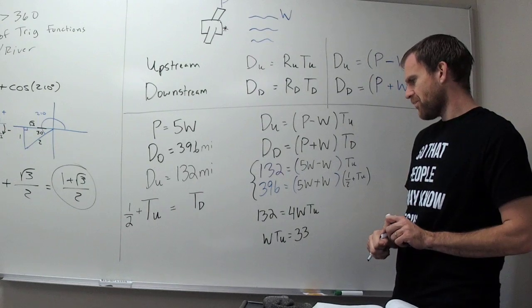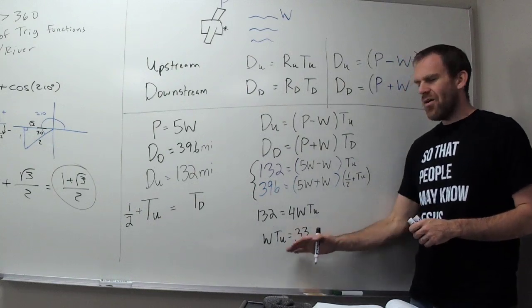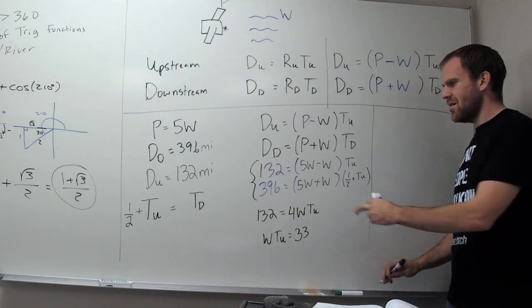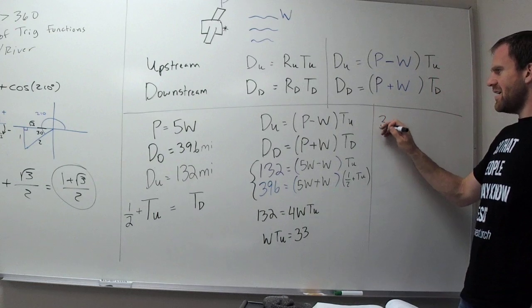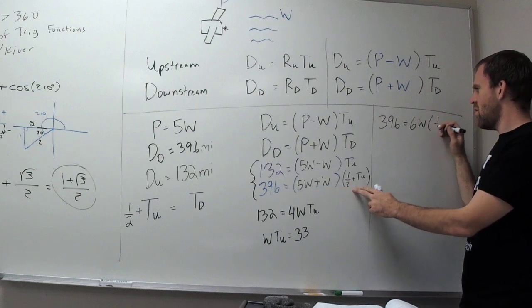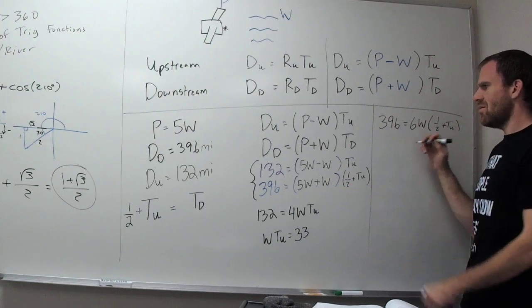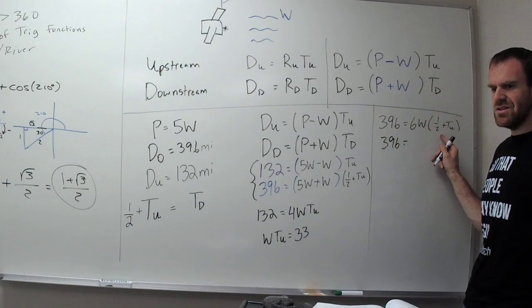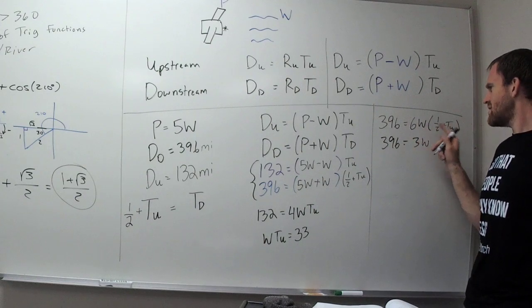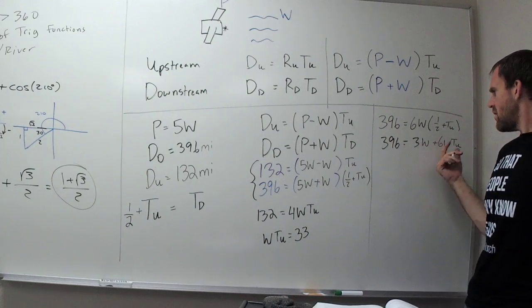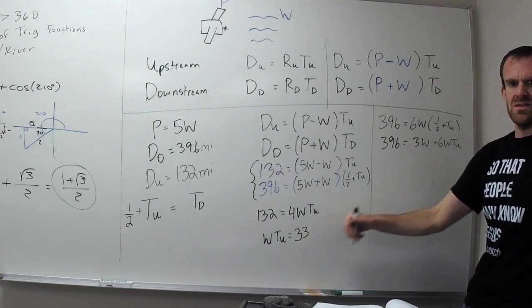Do we agree? Yep, I think so. Now, why did I solve for WTU? That's weird. Because in the second equation, you will find that you get a WTU. So 396 equals 6W times 1/2 plus TU. What does that equal? 396 equals 6W times 1/2, which is 3W, and 6W times TU is 6WTU. See that WTU? I need this one to plug in there.